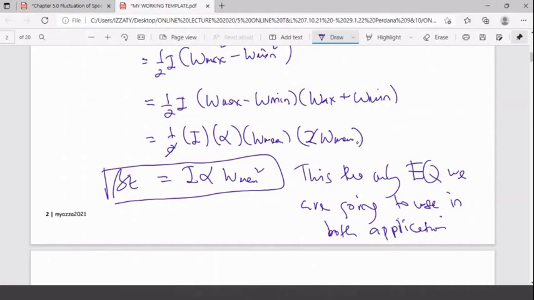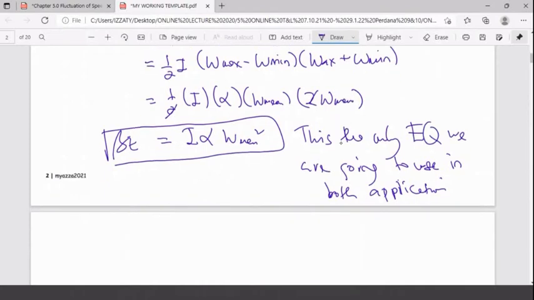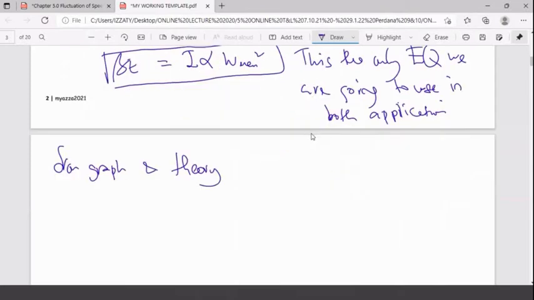Okay. So if I put it from graph and theory, you'll be getting a very long equation here: E max minus E min equal to I alpha omega min power of 2.